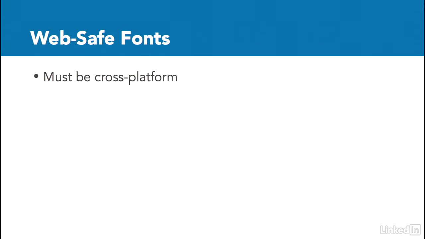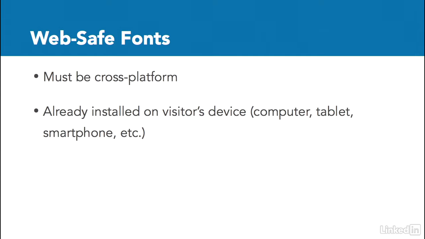Let's start with going over the differences between web-safe fonts and web fonts. Web-safe fonts must be cross-platform, which means they need to be already installed on a visitor's device, such as a computer, tablet, or smartphone. And since there are different fonts installed on Macs and on PCs, the list of web-safe fonts is actually rather small.